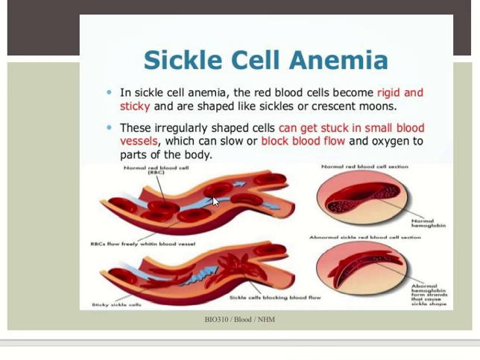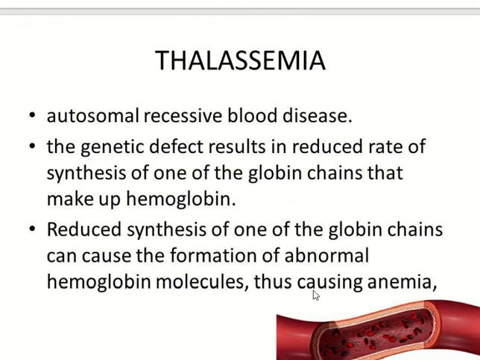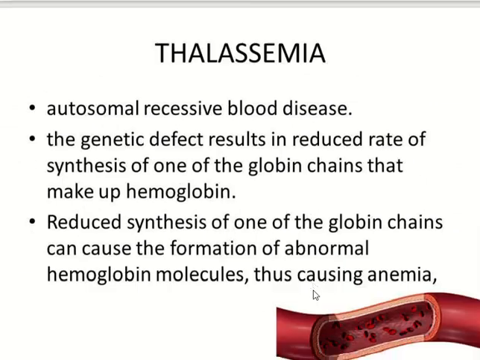Meanwhile, for a sickle cell anemia patient, the red blood cells are very irregular in shape, and sometimes they clump and get stuck in small blood vessels such as capillaries, which can cause slower or blocked blood flow and also hinder the transfer of oxygen to other parts of the body.